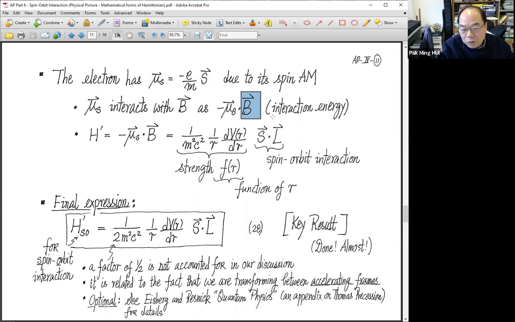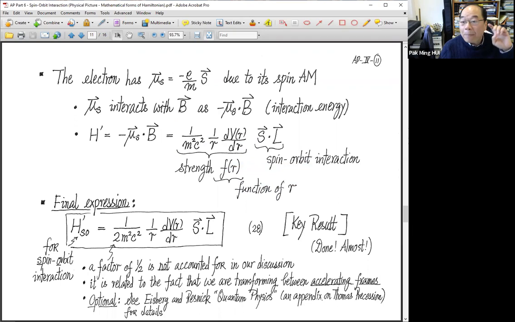This is proportional to L, thereby we get this S dot L term. We even know the prefactor, okay? The detail is that it has to do with the gradient of V of r, okay? For rough thinking, just remember, the prefactor is not a constant. It is a function of r, all right?